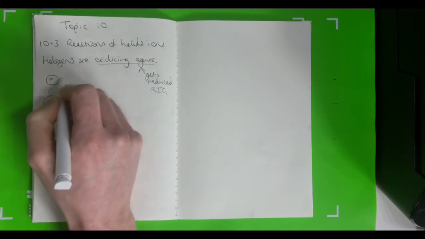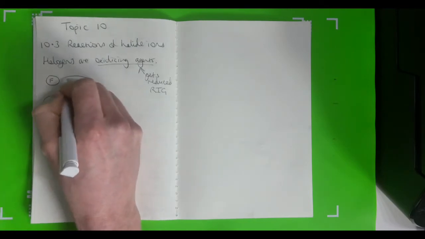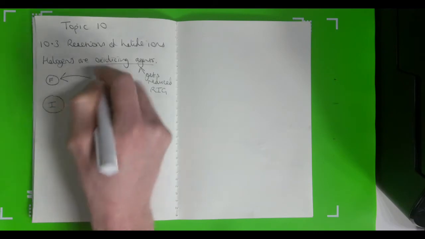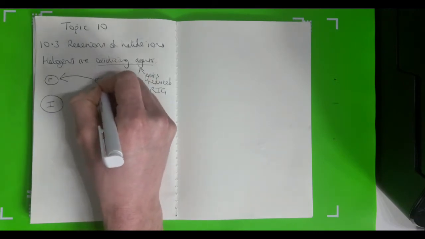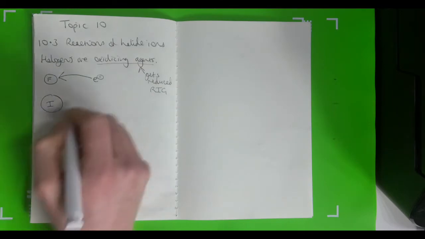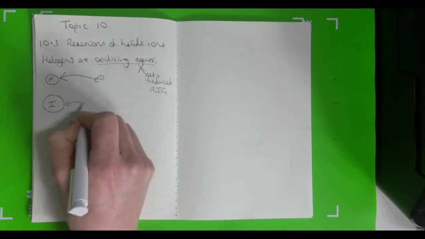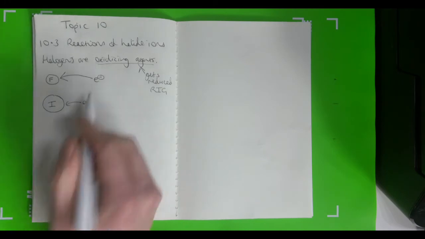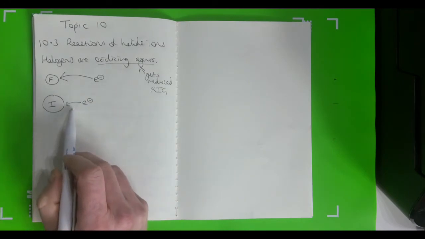So fluorine is a halogen. There's a greater attraction between the electron and the halogen. However, iodine has a smaller electrostatic force of attraction.